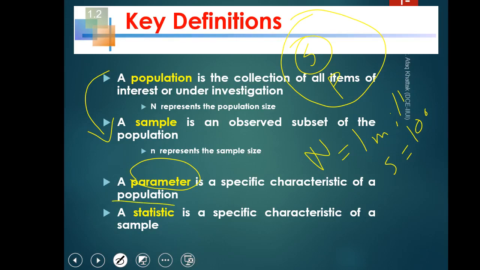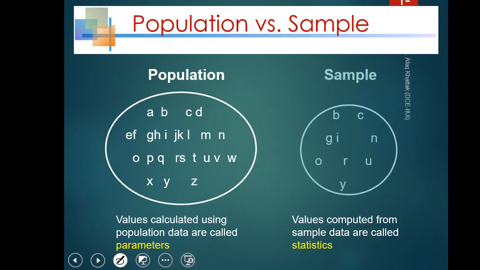Similarly, the mean of height of a sample of 100 people, we call it a statistic. So we have four terms: population, sample, parameter, and statistic. The parameter is associated with the population, and the statistic is related to a specific sample.